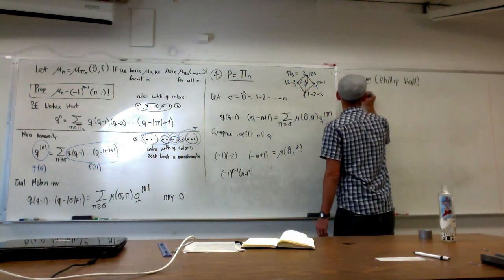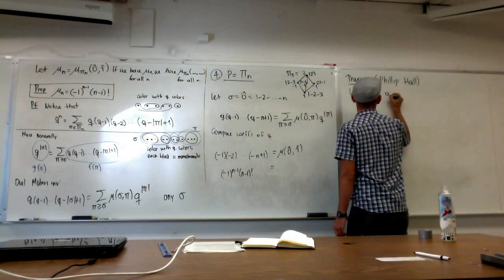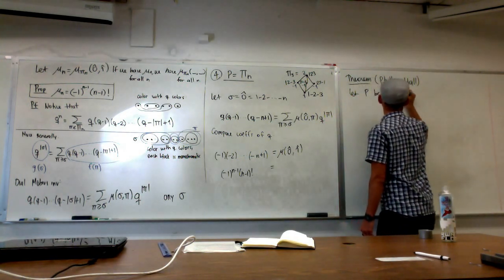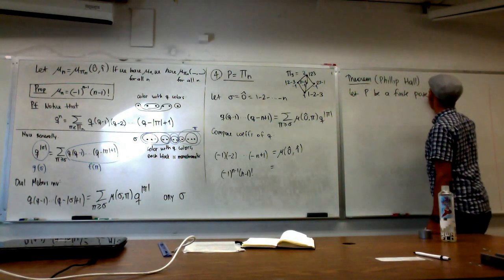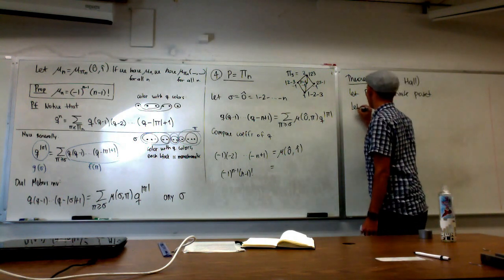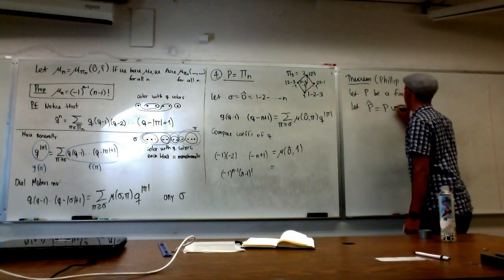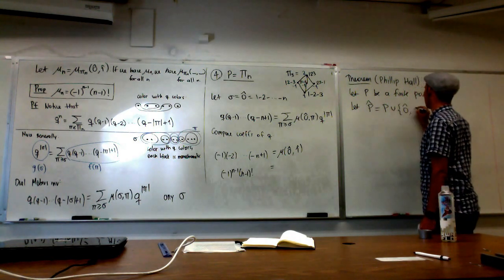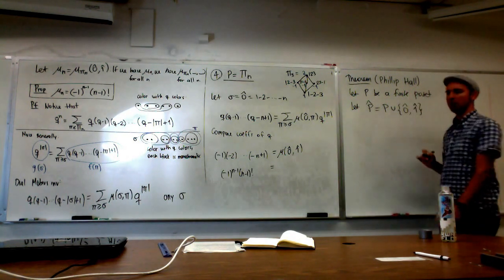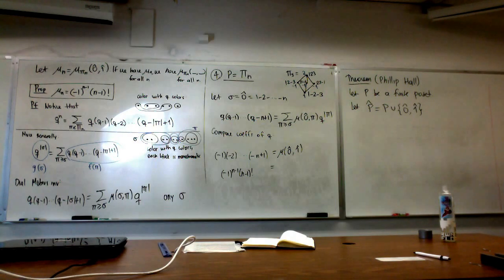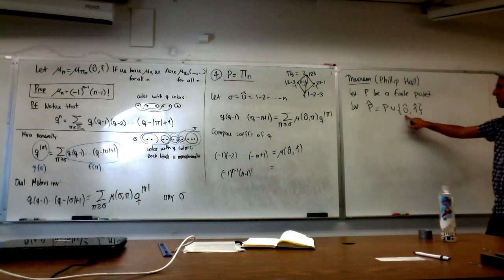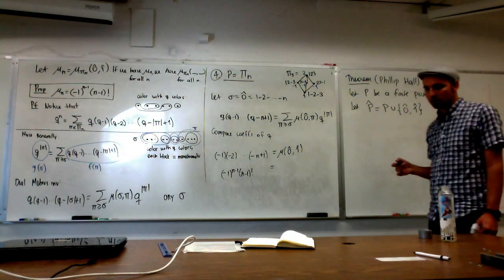Let's say that we have a finite poset P, and let P hat be the poset obtained from P by adjoining a bottom and a top element. Simple thing. An element less than everybody, an element bigger than everybody.